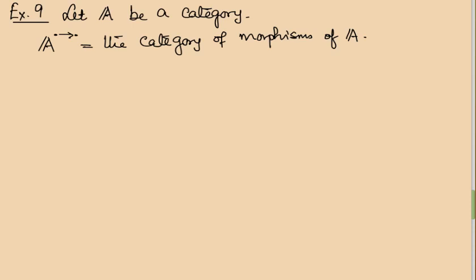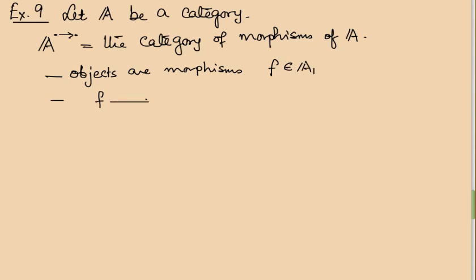And what is this? Objects are morphisms. Okay. Now what is a morphism over here? So I have a picture like this, and I want a morphism here.